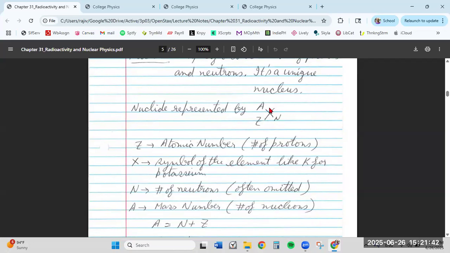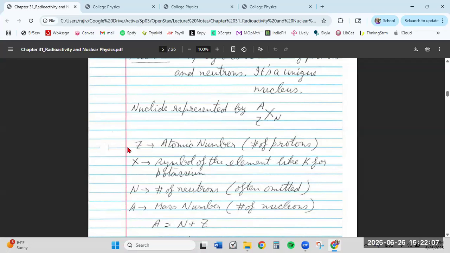You have capital X representing the element, or the nuclide in question. And then there is a superscript on the left, a subscript on the left, and a subscript on the right: A, Z, and N, all capital letters.